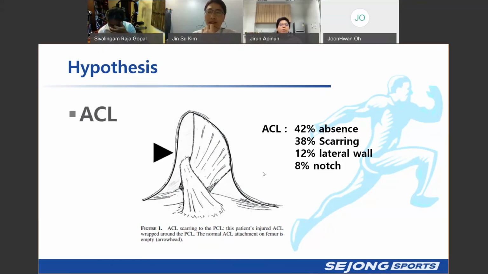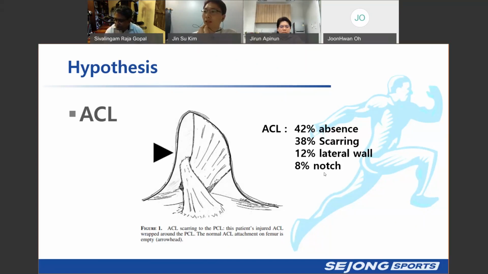So let's talk about the idea, how to catch the surgical indication. The example is the ACL. After an ACL tear, this is Crane's paper. They showed the natural history of the ACL tear. 42% was gone at the 1-year follow-up, and 38% was curving, 12% lateral wall placement, this notching area placement.